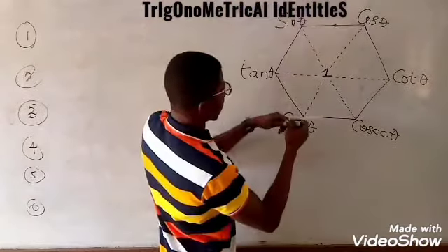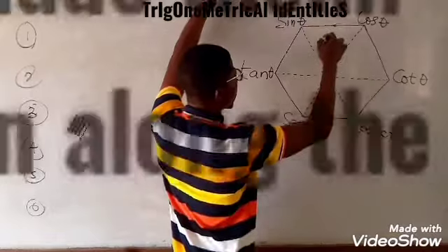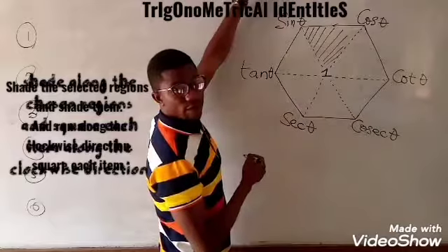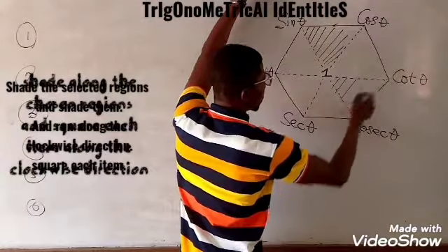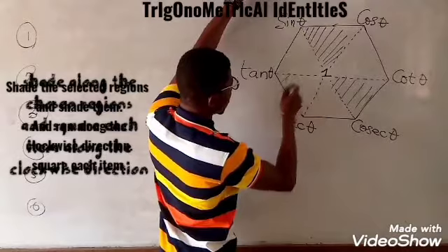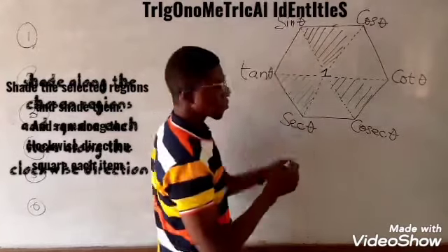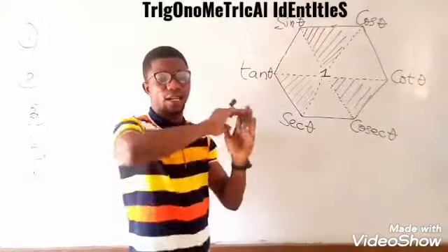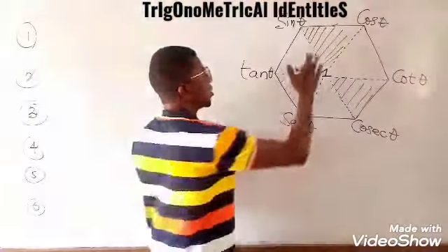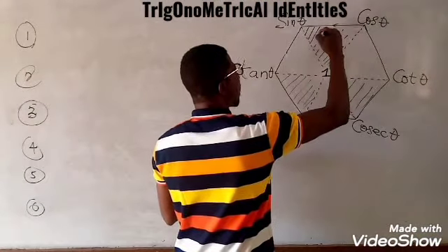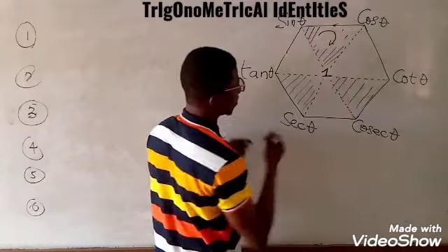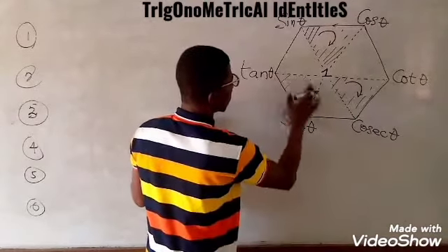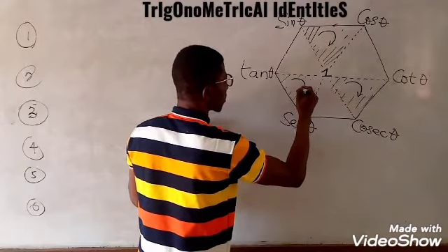When we take this aspect of the diagram, and also take the last aspect of this diagram, and we move along the clockwise direction, we are going to show an arrow movement in the clockwise direction. So when we have this and we move along the clockwise direction, we come here, move along the clockwise direction, we come here.